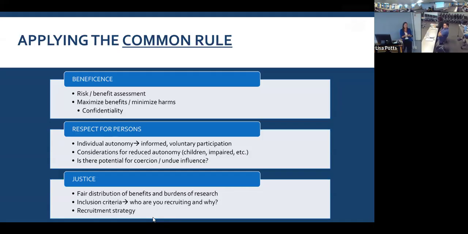How are you even going to contact the individuals in the first place? That's the recruitment strategy. A lot of times it'll just be really brief, like, oh, we want to include certified nursing assistants to see what their job satisfaction is like. And it's like, okay, well, where are they? How are you contacting them? How are you getting that information? Do you work there with them? All of these kinds of things.